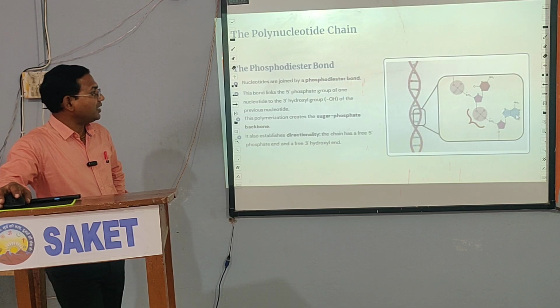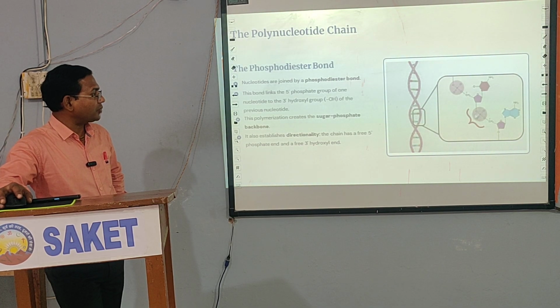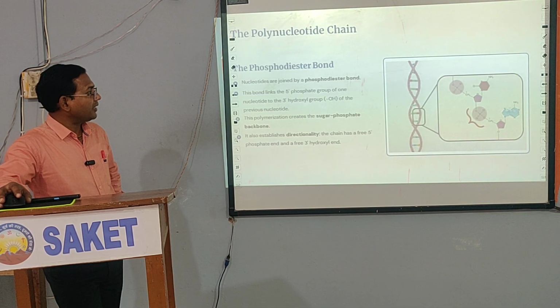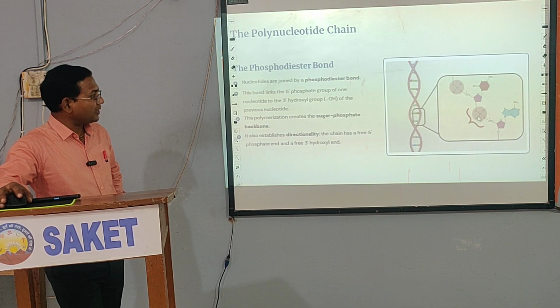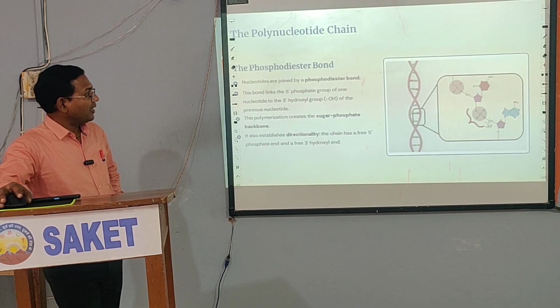So this is the nitrogenous base, this is the deoxyribose sugar, and this is the phosphate, and this component is called nucleotide. And similarly, here we have another nitrogenous base, another sugar, and another phosphate group. So this is another nucleotide, and both nucleotides are interconnected. So this phosphate of this nucleotide is connected at the third position of the deoxyribose sugar.